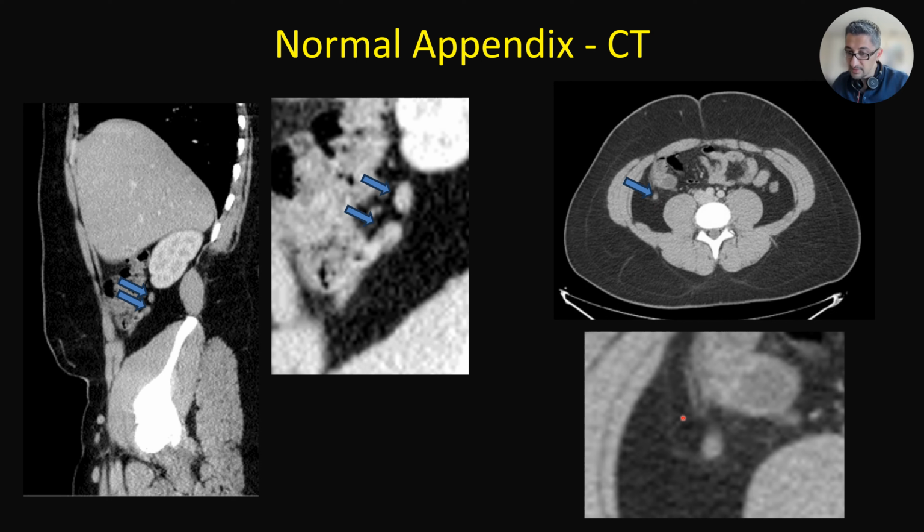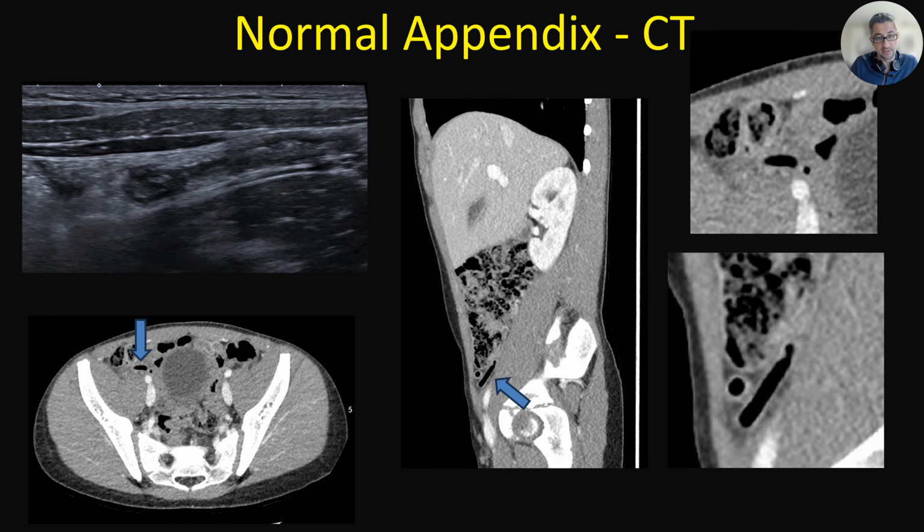As you can see, there is minimal stranding around it, and this should not be overcalled as appendicitis. The caliber of the appendix is still normal, up to 6 or 7 millimeters, and that's the normal appendix.